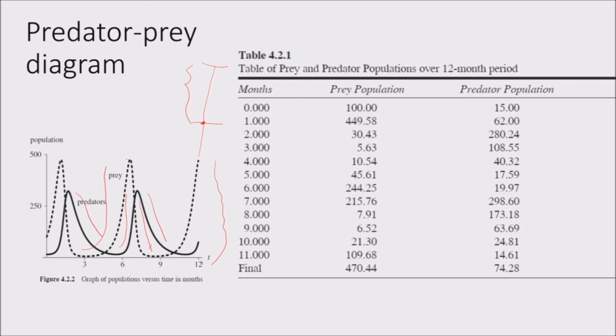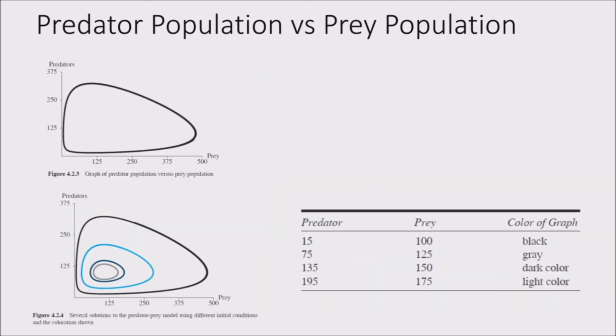This is the table after you model this. It covers months, and for each month we calculate the population. So this is how it looks. The next graph is pretty interesting. I'd like to point out a few things on that if you're having a hard time understanding this.